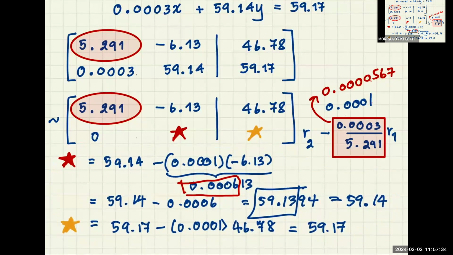Because this multiply this is 0.00461, so I use only 0.0046. So you have 59.17 subtract by 0.0046 is 59.1654.